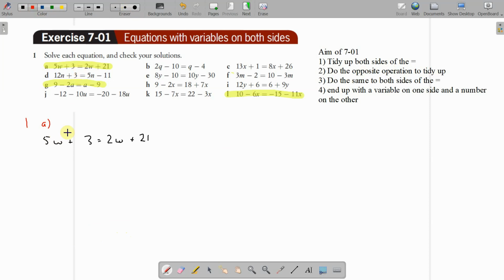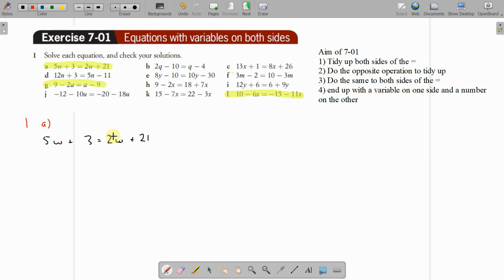We've got question 1a, 5w plus 3. So we've got a variable, a number, variable, number. Now, what we're going to do is put the variables on one side only. So we're going to move this away, and the way to do it is to do the opposite operation.